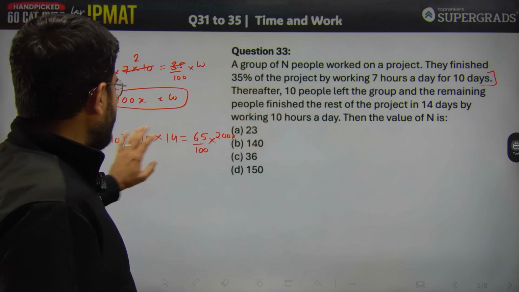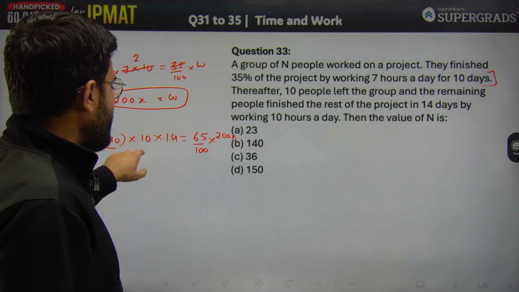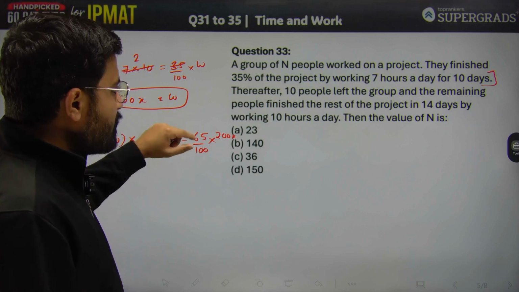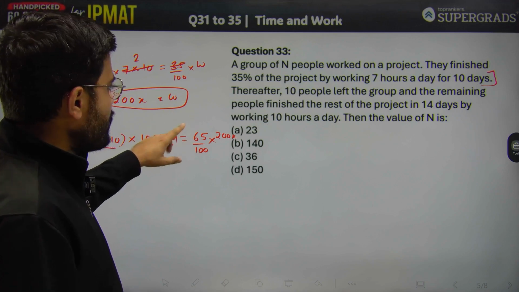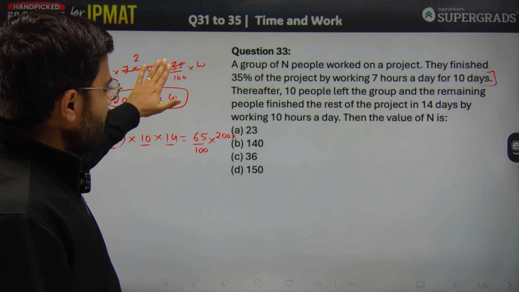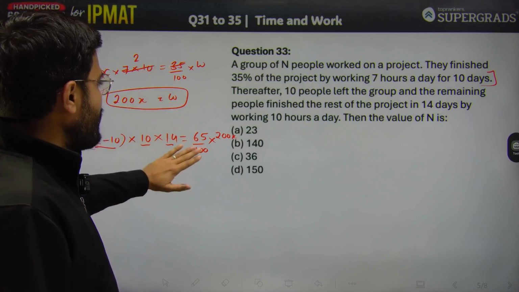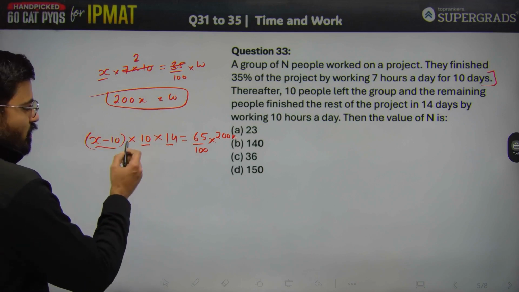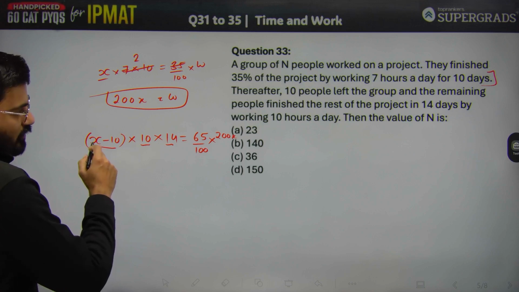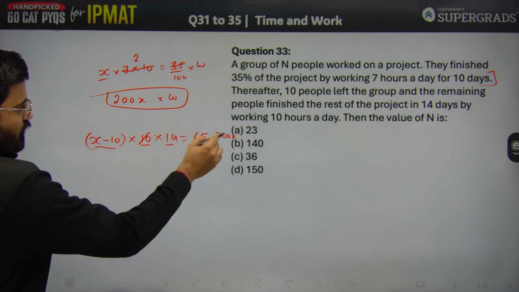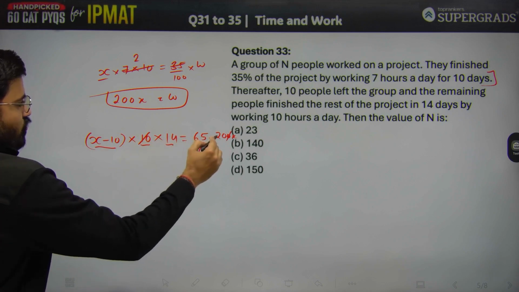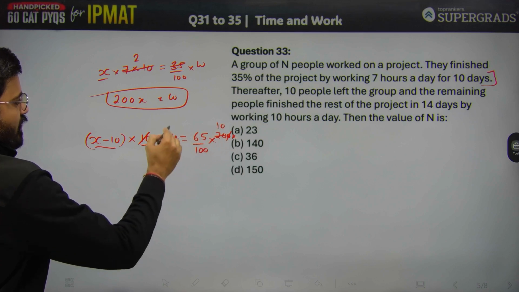Thereafter, 10 people left the group, so the number of people is x minus 10. They worked for 10 hours a day for 14 days and finished the remaining work. So 35% is already done, and the remaining work is 65%. We have already calculated the work in terms of x. So if I solve this, I cancel 0 with 0, and then cancel with 2 to make it 10, and this becomes 7.